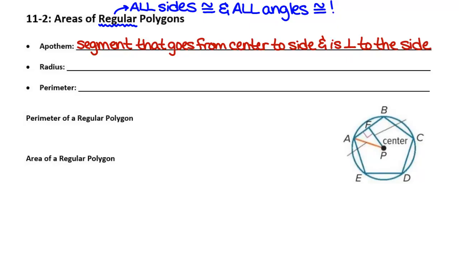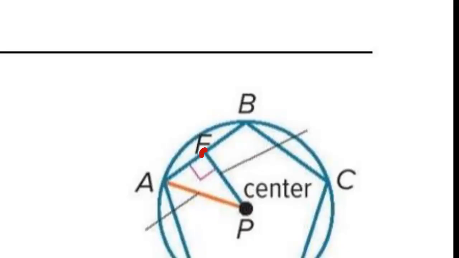If you look at this picture that's printed down here with the circle and then the five-sided figure, the pentagon, the circle has been circumscribed around this pentagon. And if you'll notice, this segment right here has a line pointing to it. This is the apothem.